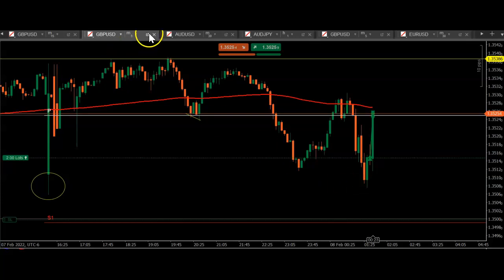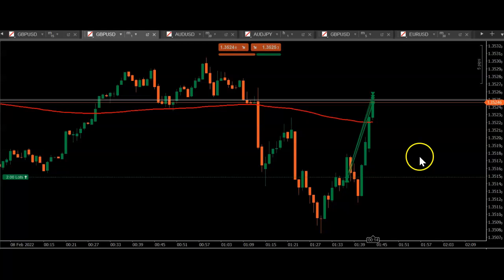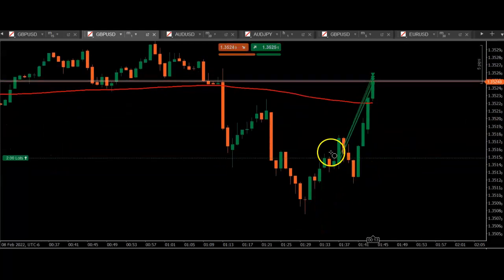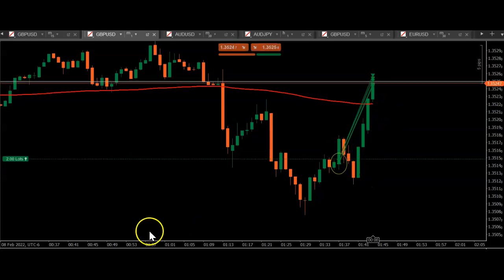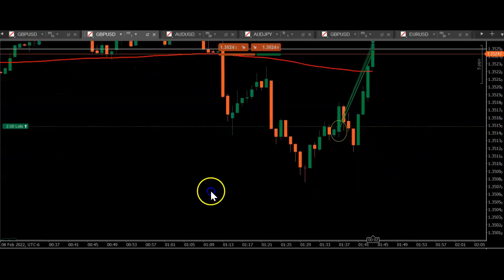Let's go down to the 1-minute chart. When it loads, there's our entry right there. 1, 2, 3, 4, 5, 6, 7, 8 minutes. And we're up, and we still have one position open, which is currently at 9 pips.